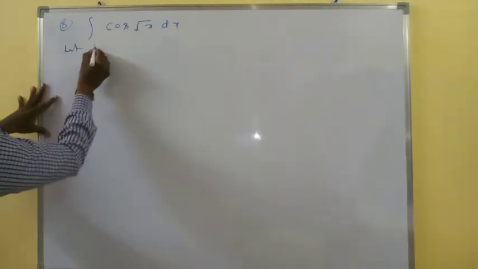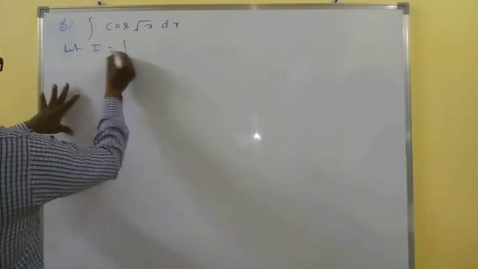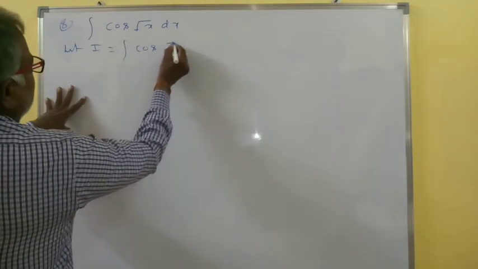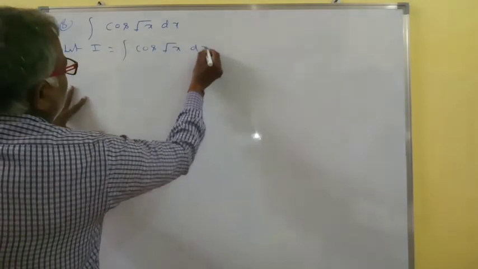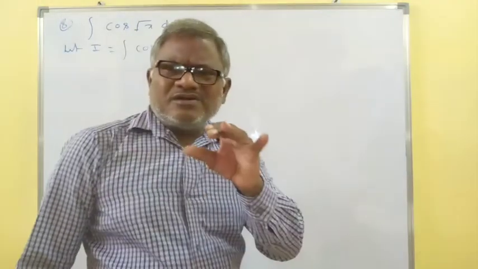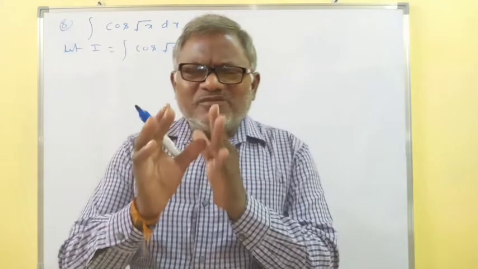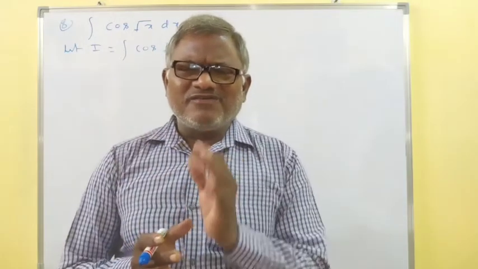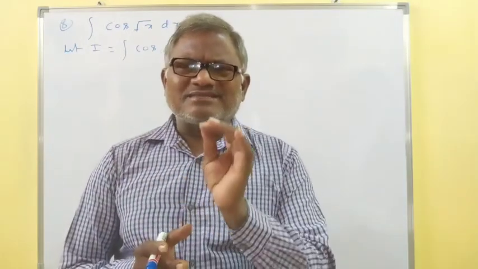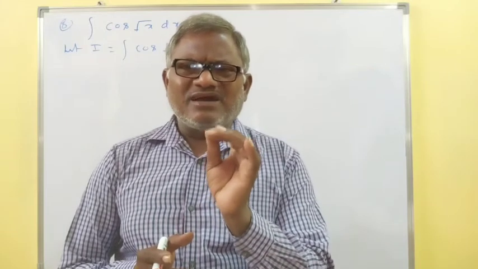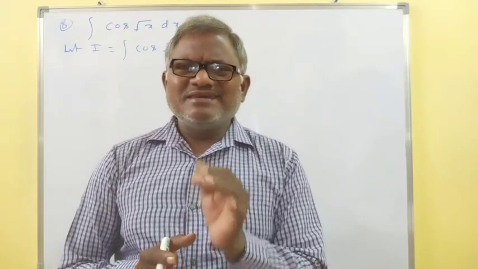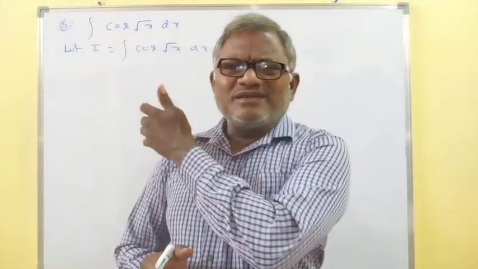So here let I equal the integral of cos of root x dx. Now what you have to do: simply, we know the formula for cos x. Integral of cos x dx is equal to sin x. So in place of x, root x is there.